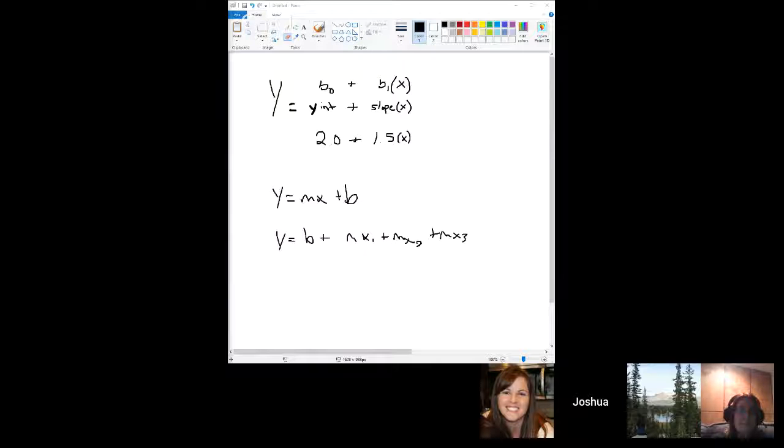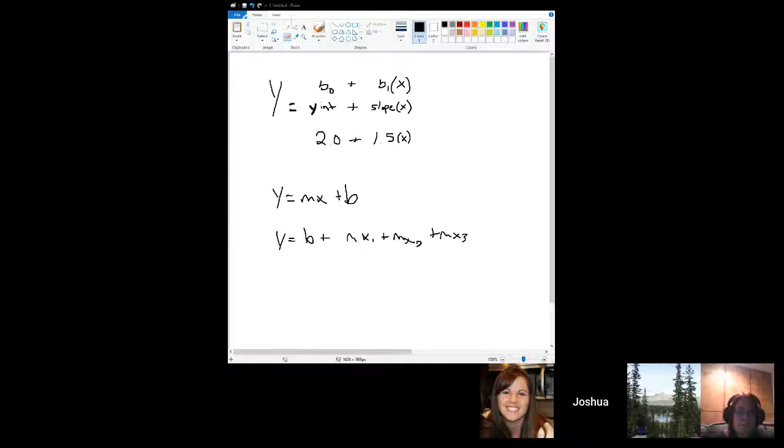Okay, 5. Given the linear regression equation, negative 3.0 plus 0.25x, what is the predicted value of y when x is 16?